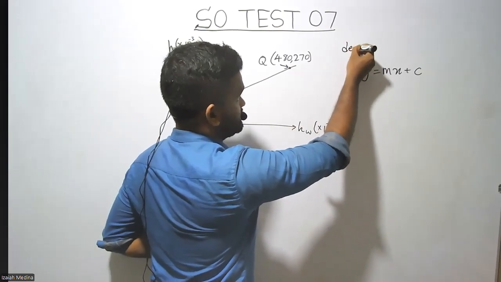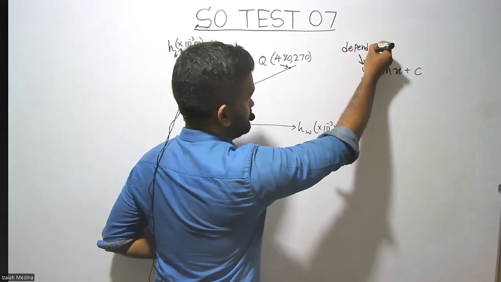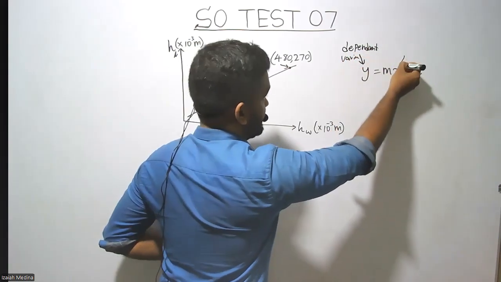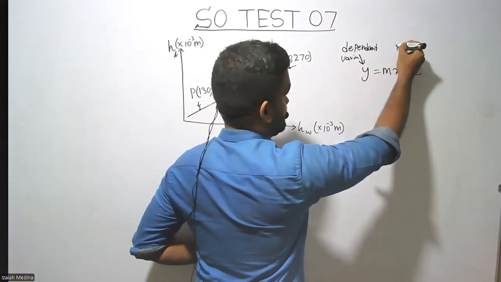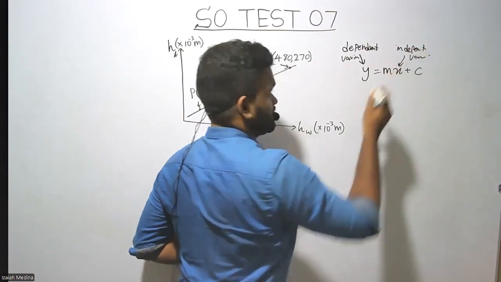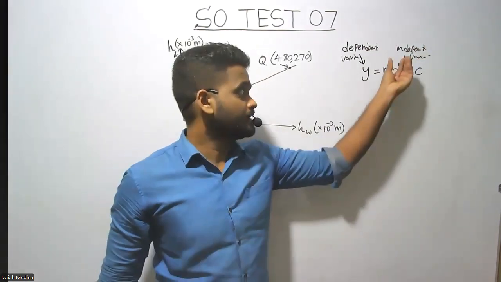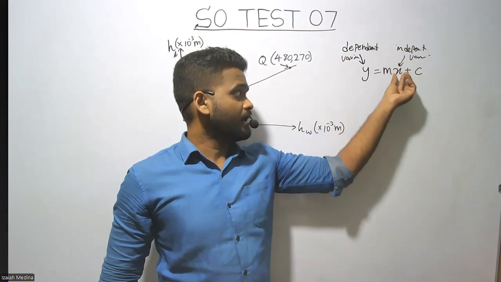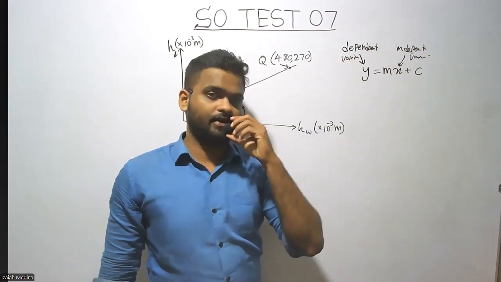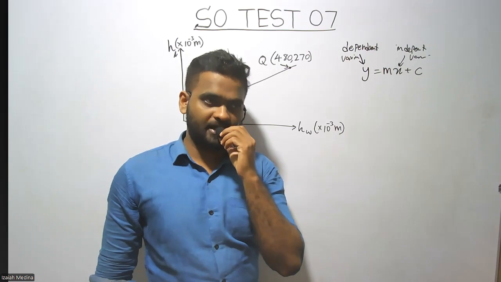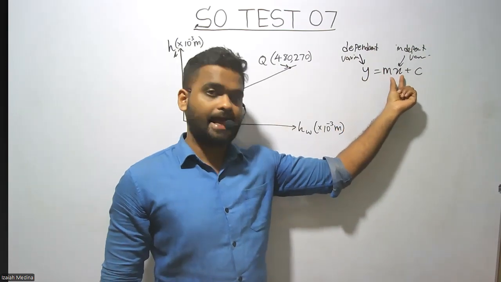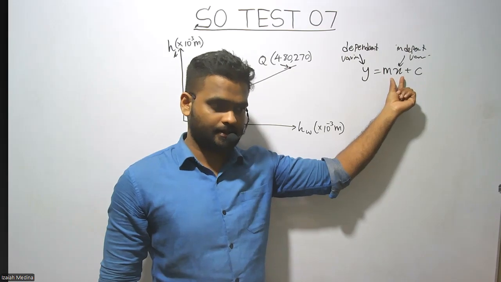Y is the dependent variable, x is the independent variable. So whenever you get an independent variable, you have to show it as x, and y is the dependent variable. Dependent variable means this variable always depends on this x, right?